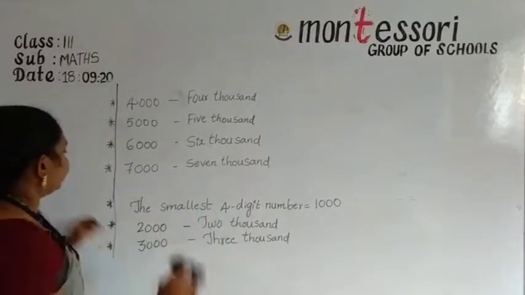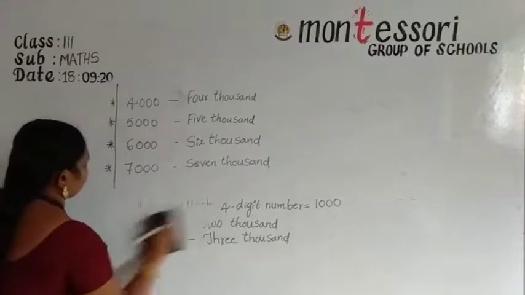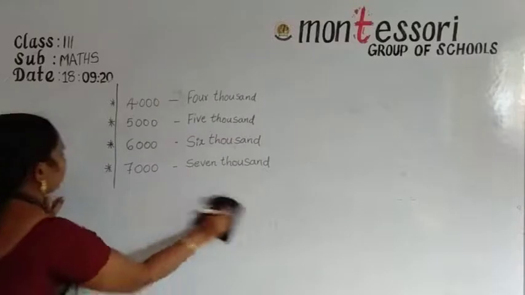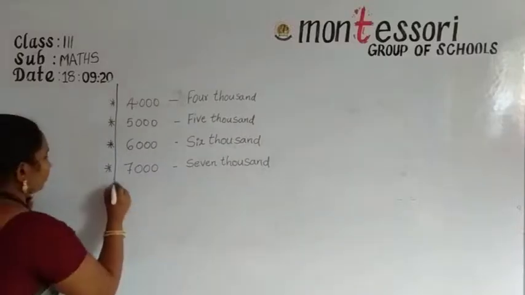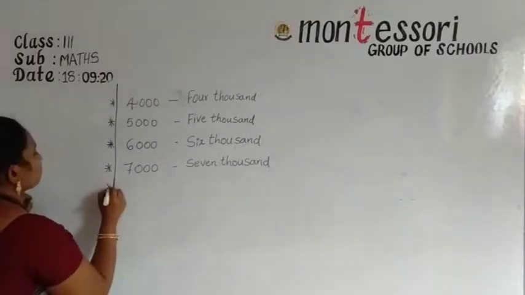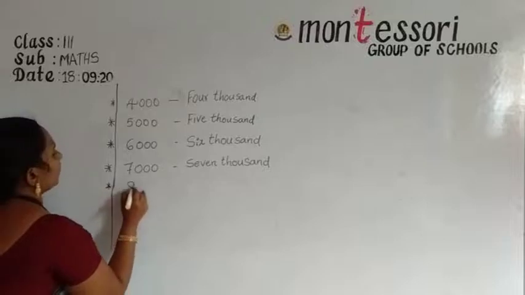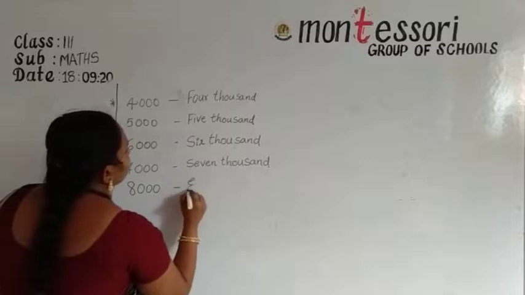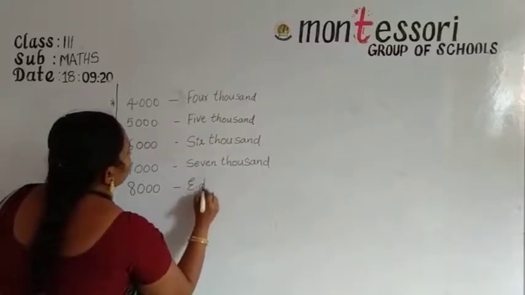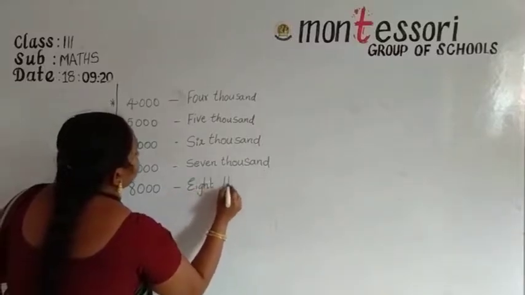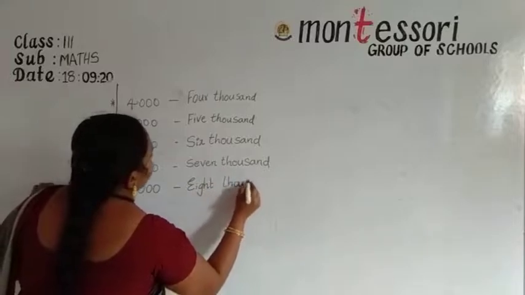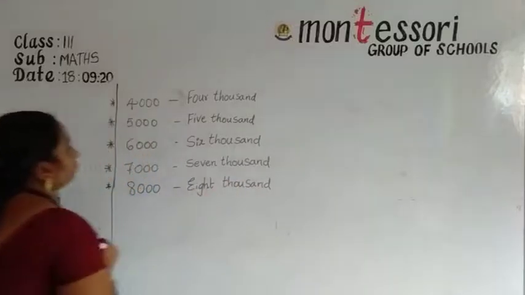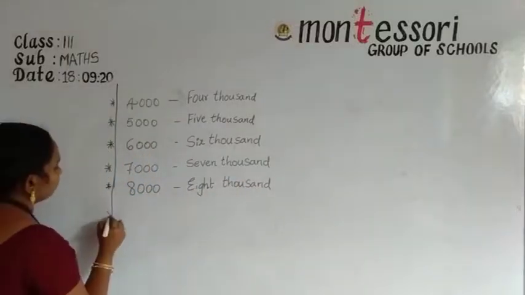Okay, and next one, 8, 3 zeros, 8000. Write with neat handwriting, use the pen, give a gap and write neatly.